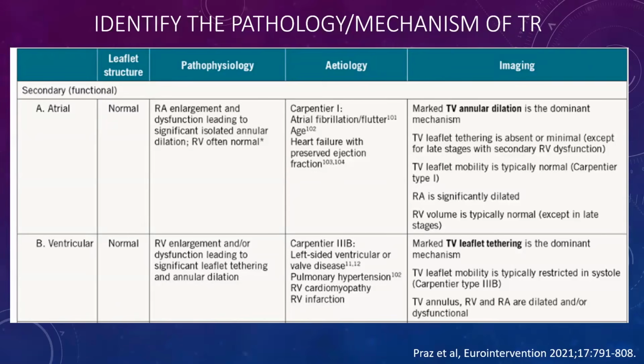We sometimes just say functional, but the prognosis for these patients is quite different. The atrial functional patients do a lot better than the ventricular functional patients. We would still treat all of these patients, optimize them medically, and look for all the other potential etiologies that we can treat prior to going forward with intervention, but it may also impact some of what we select.